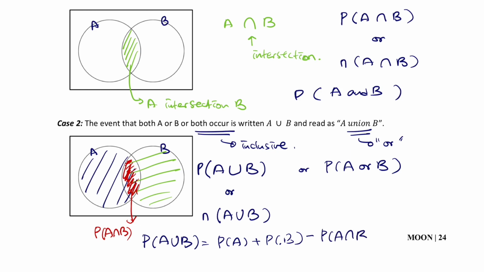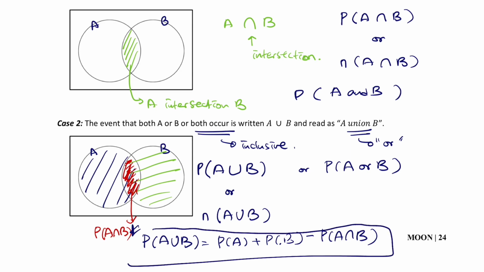So this is the formula that you can use to calculate the union for inclusive events.